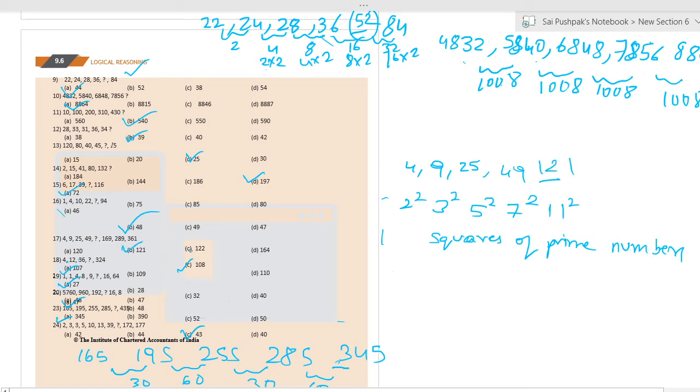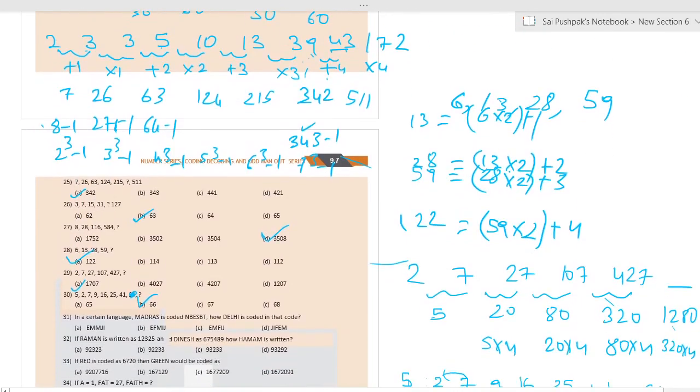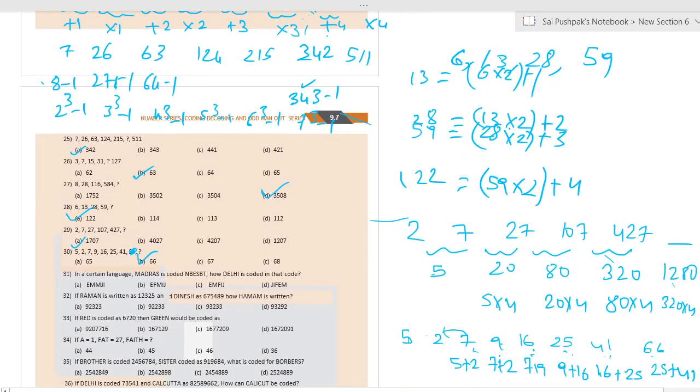So we have done 18th also. 18 to 24 we have done. Next we need to do 25.